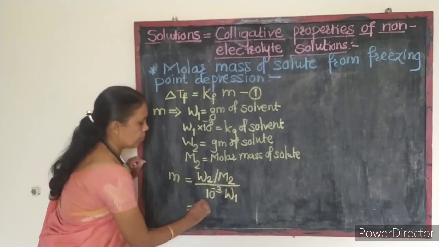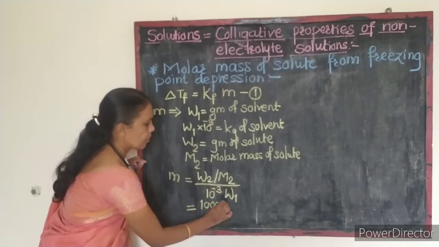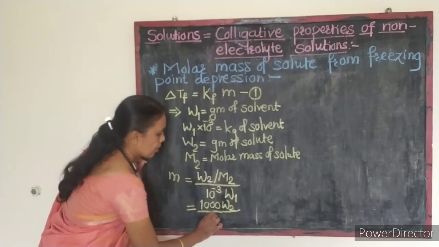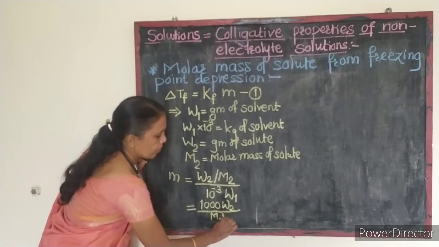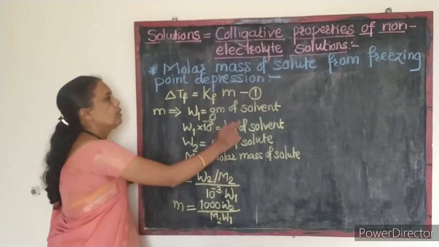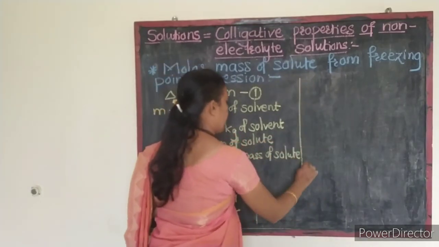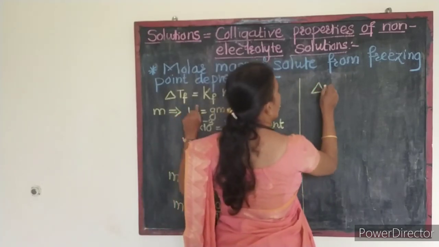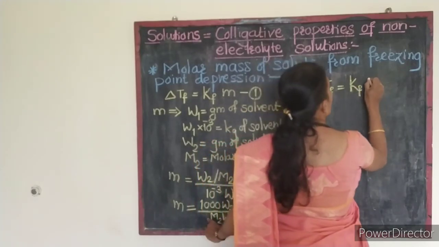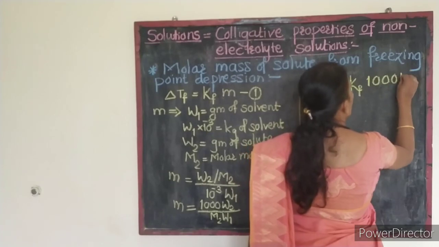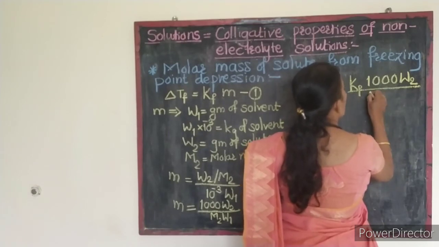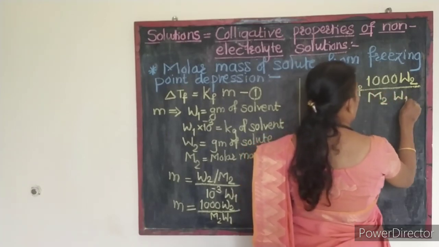हे थोडंसं सिम्प्लिफाय केलं की आपल्याला असं मिळेल 1000 W2 divided by M2 W1. This is value for M. Now use this value in equation 1. We get, काय मिळतं बघा आपल्याला, डेल्टा TF, M ची व्हॅल्यू घालूया तिकडे, KF 1000 W2 divided by M2 W1.